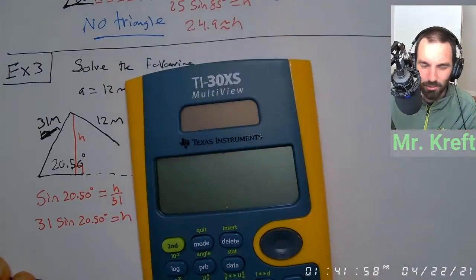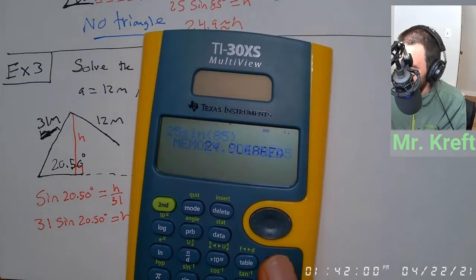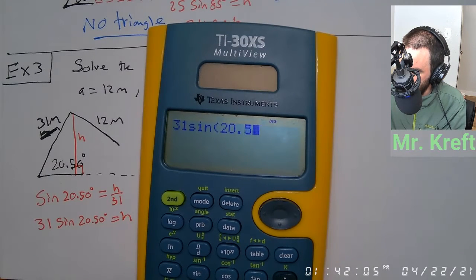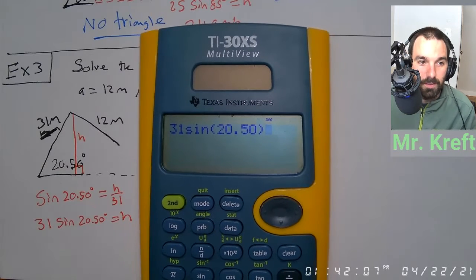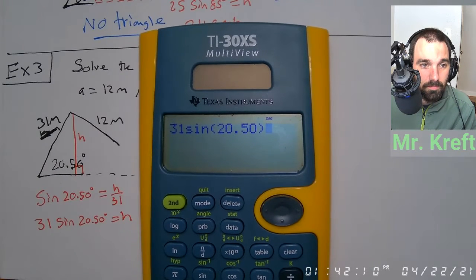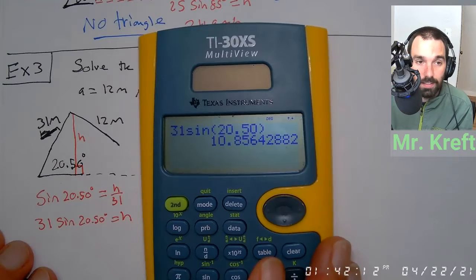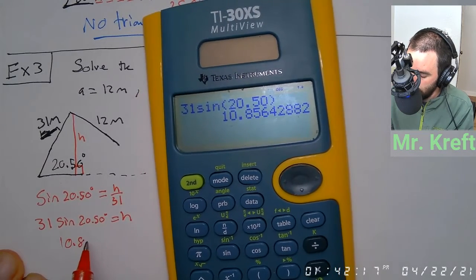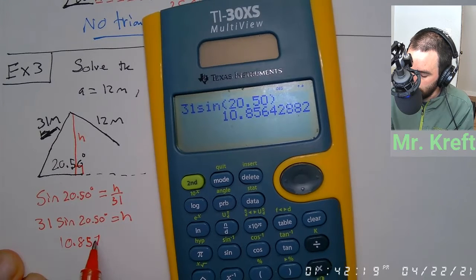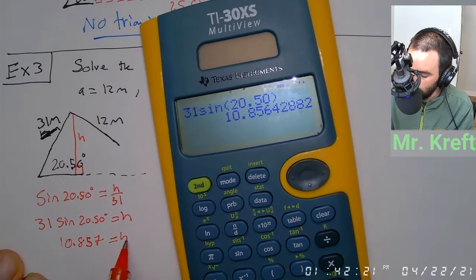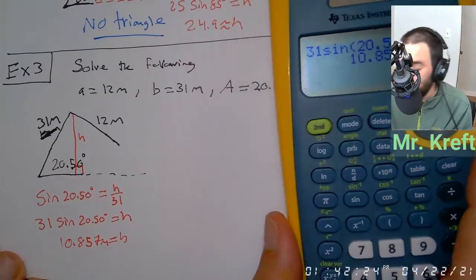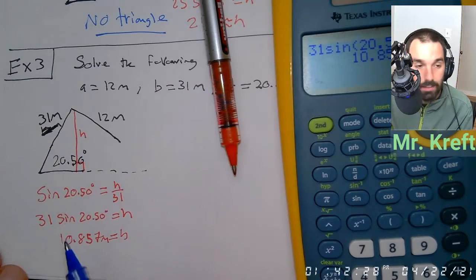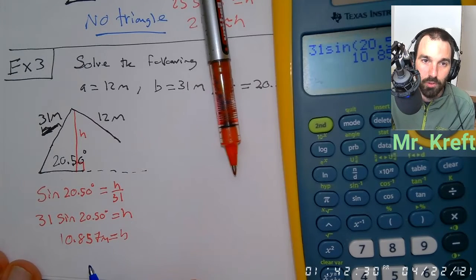So 31 sine of 20.5, and I get 10.8 approximately. 10.857 equals h, and that's in meters. So interesting. So now let's take a look at what this has to do with. So we know our height is about 10.857.